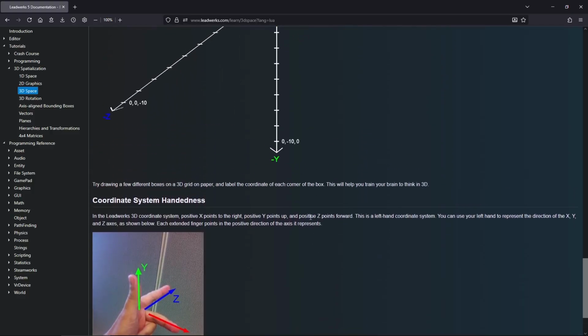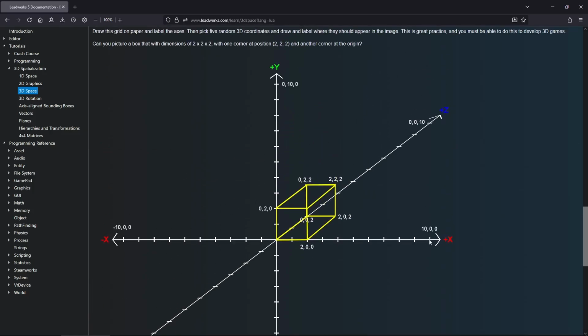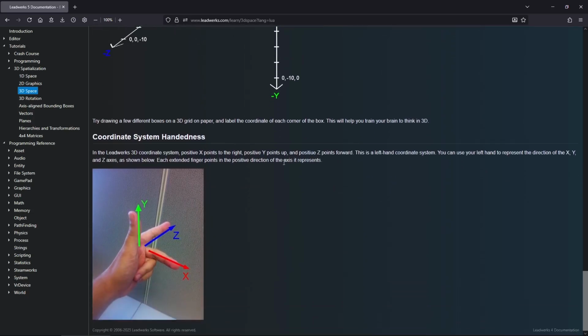Now, I want you to notice, we already said that x is to the right, so that's positive. Z is forward, and that's positive. And y up is positive, unless we're talking about screen coordinates. If we're talking about 3D coordinates, then positive y is going up. You can display these axes with your hand if you make this funny gesture.